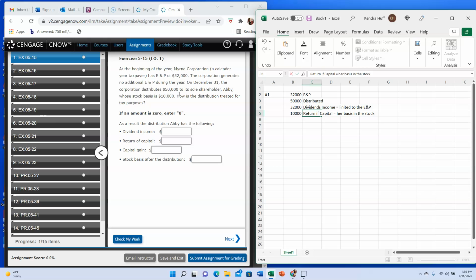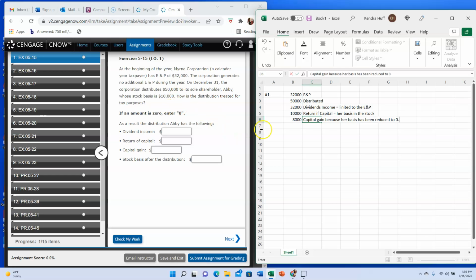Basis in the stock. All right, so that gives us up to, 32 plus 10 is 42. We need another 8,000. So the remaining 8,000 is capital gain, because her basis has been reduced to 0.